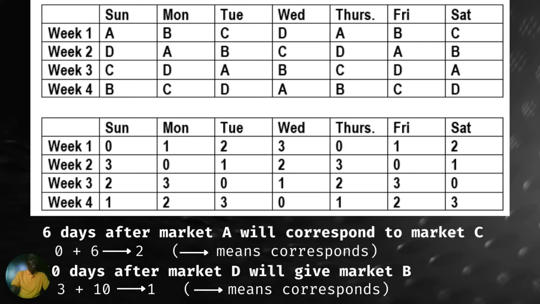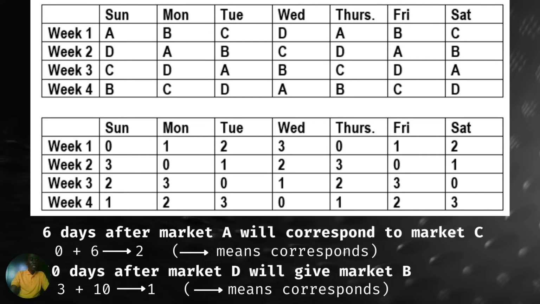And that 1 is the market day for B. So 10 days from market D, which is 3, so if we say 3 plus 10 will correspond to market B, which is 1.